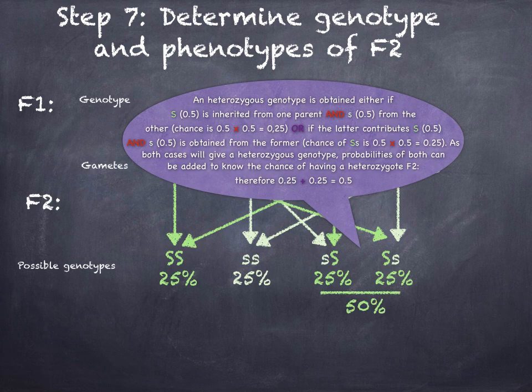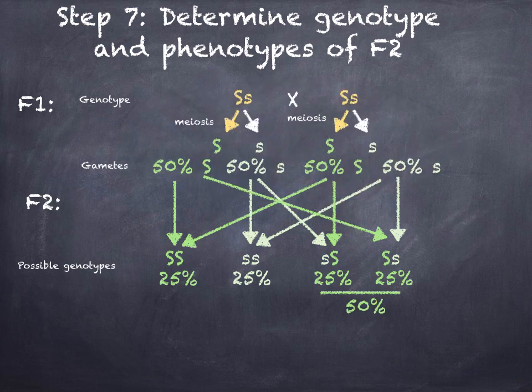Now, if we look at the phenotypes of these individuals, the possible phenotypes obtained: we have only 25% of individuals that will present the two recessive alleles. These individuals will have the spotted phenotype because they are homozygous for this recessive trait. So it will be 25% of all F2 individuals that will be like that.